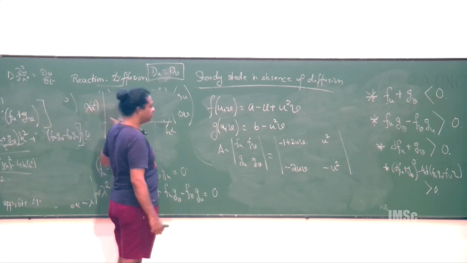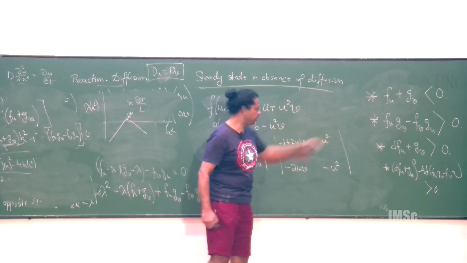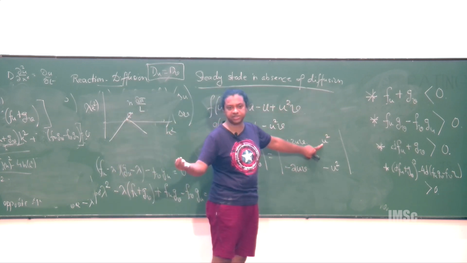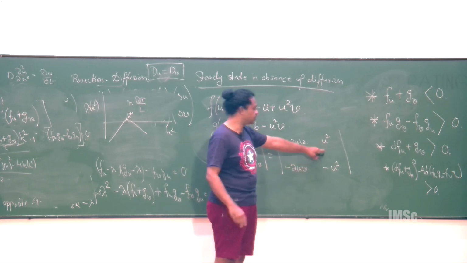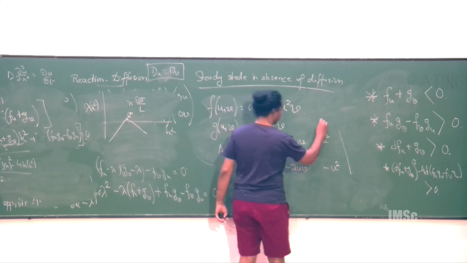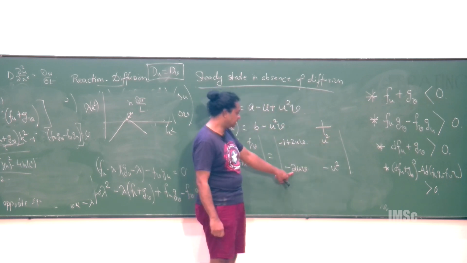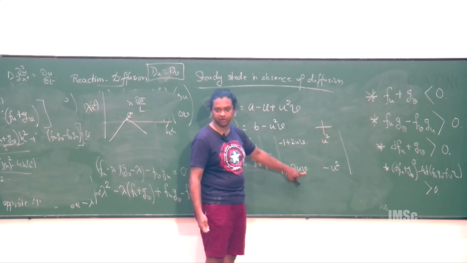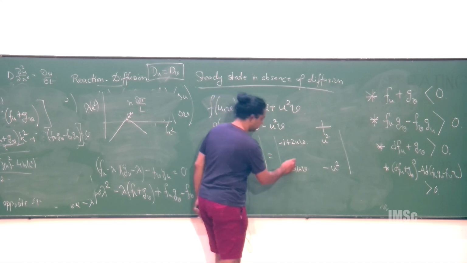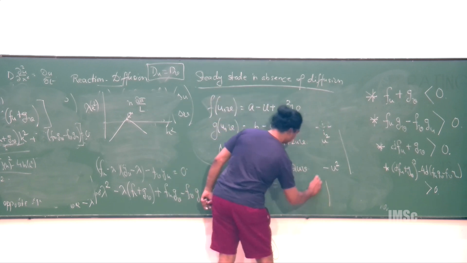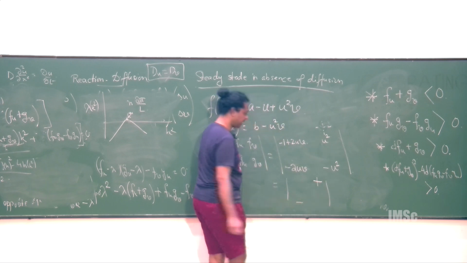Does this satisfy the motifs that we laid out over here? Remember, u and v are concentrations of these two chemicals, so they are positive. So u square is always positive, so what I have over here is a plus. Minus 2uv is negative because u and v are themselves positive. So this is a plus, this is a minus.